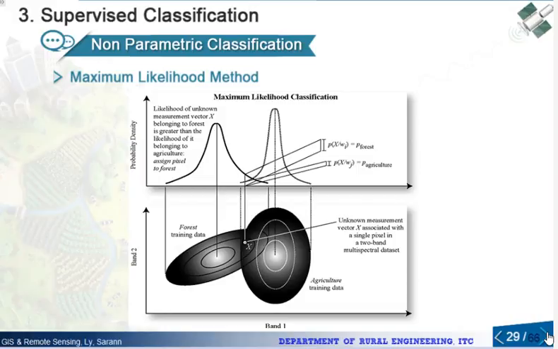For the graphic below, we assign the forest training data, and the unknown measurement vector H associated with a single pixel in the two-band multispectral dataset. And then we assign the agriculture training data. And so these two graphics show how the maximum likelihood classification works.